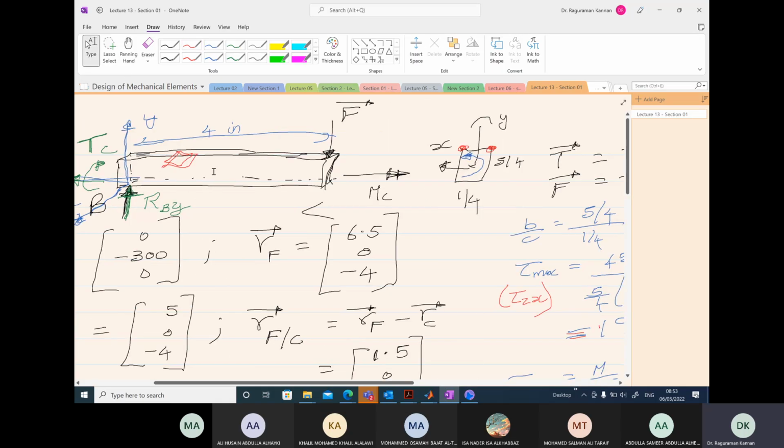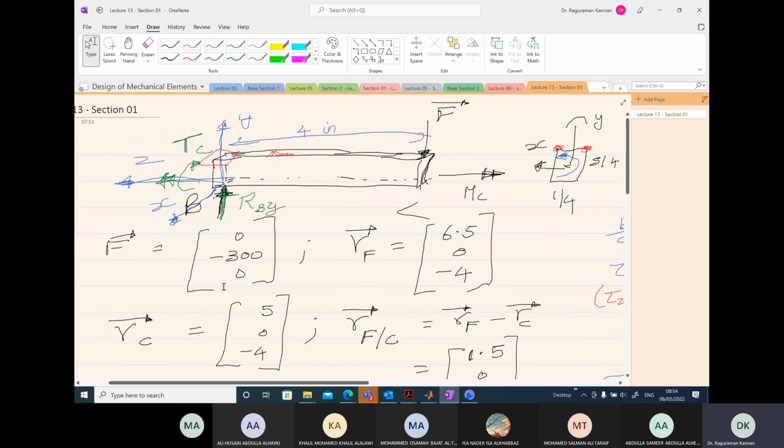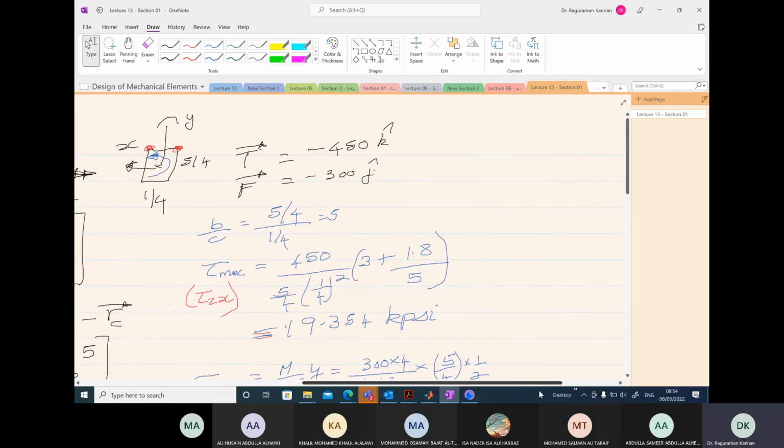Why is this not drawing? It's drawing somewhere else. Okay, an element like this, specifically on which plane? XZ plane. That will be the stress element.